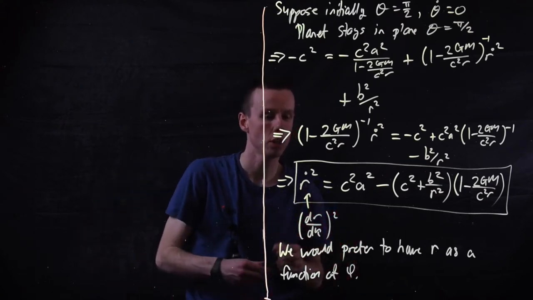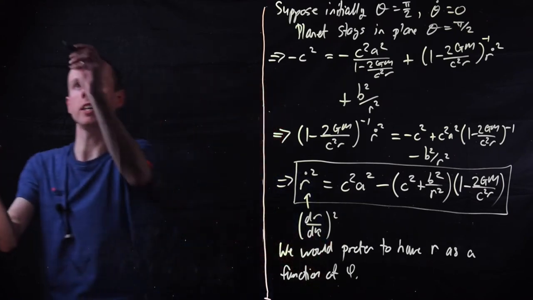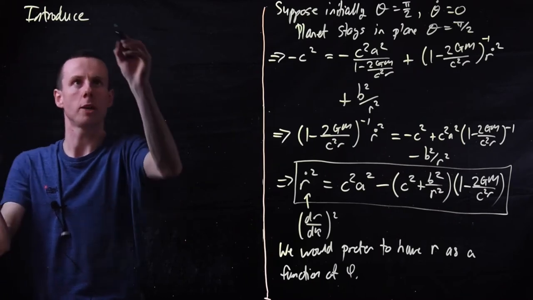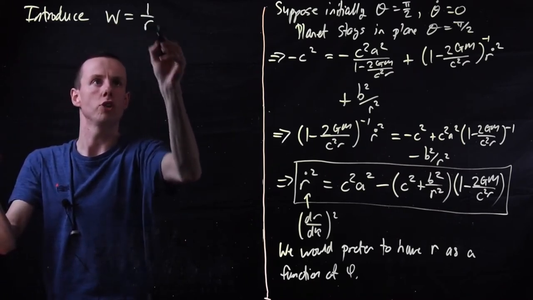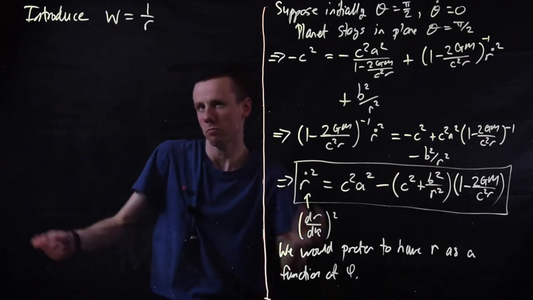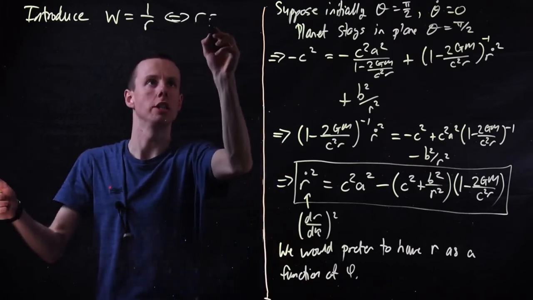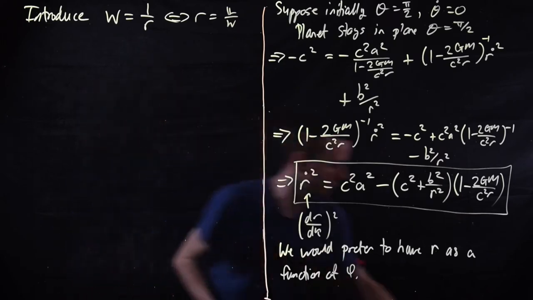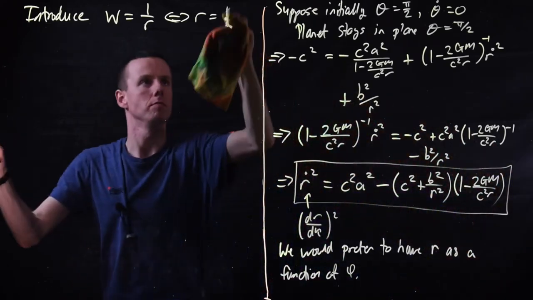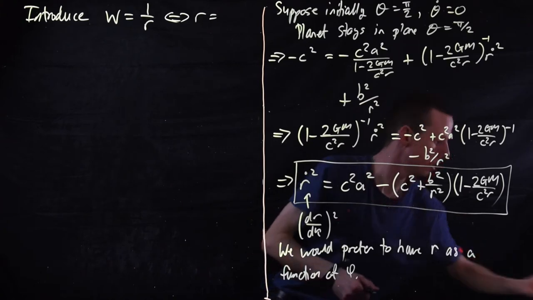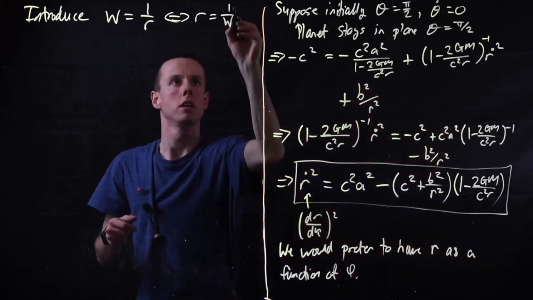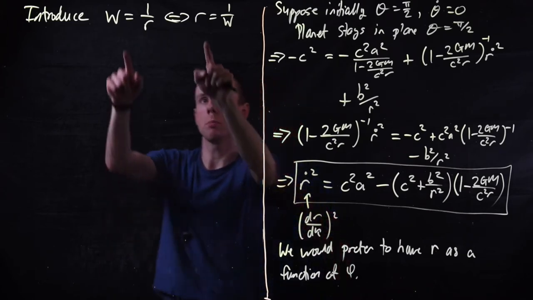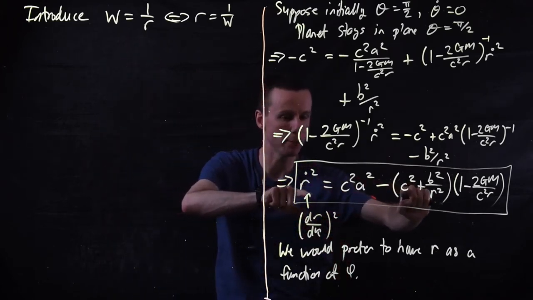In this equation, we introduce a new variable, which I will call w, and it's just 1 over r. Or in other words, r is just 1 over w. Then we're going to plug that into this equation and see what happens.